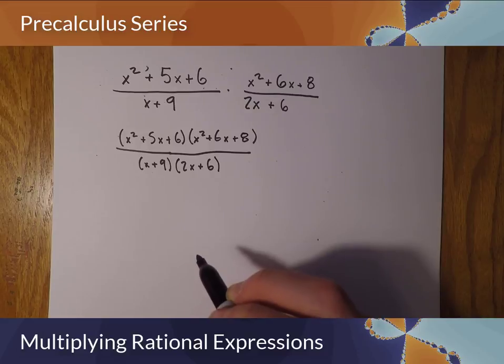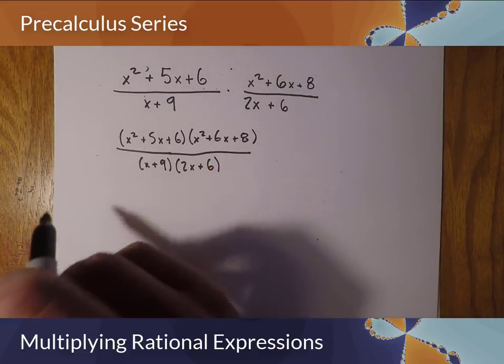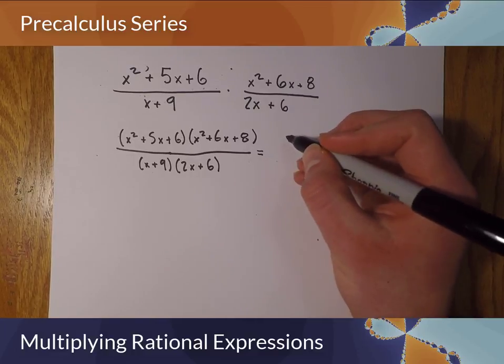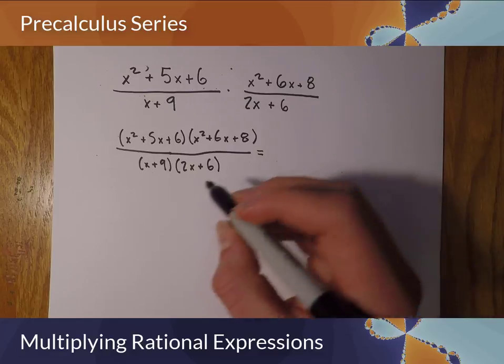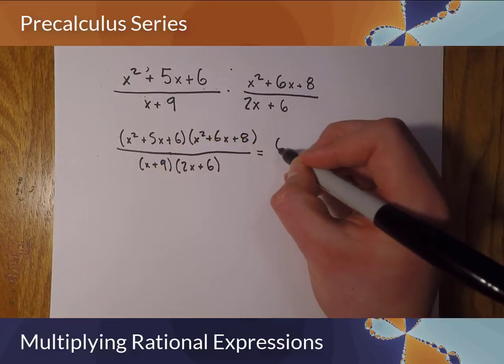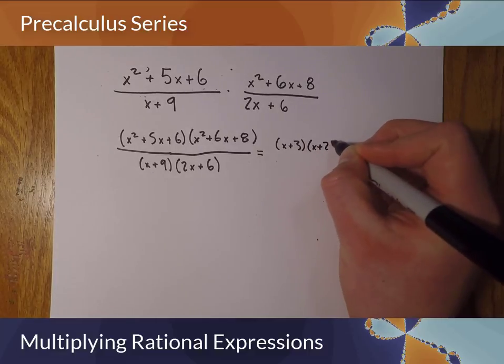Alright, so now what we're going to do is, again, try to simplify this a bit before we expand. So x squared plus 5x plus 6 factors into (x plus 3) times (x plus 2).